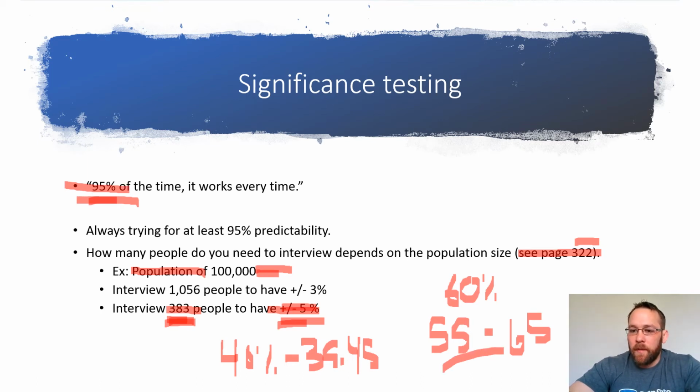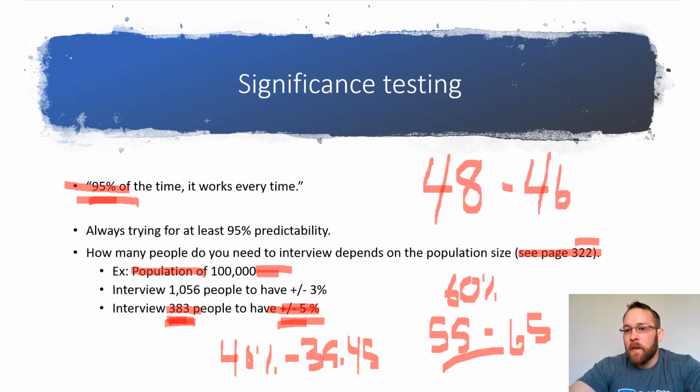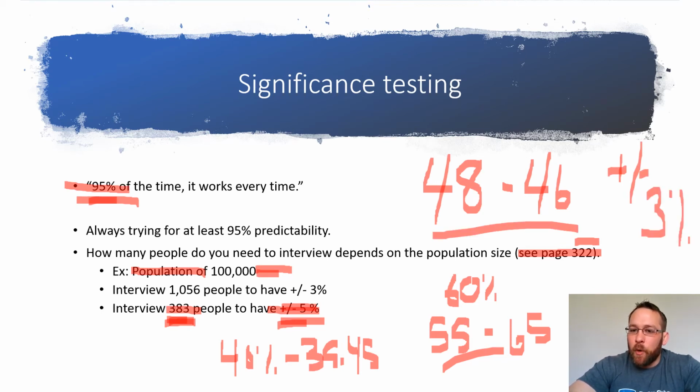This is why sometimes you'll see on the news, let's say Trump is leading in the polls, 48 to 46, but there's a plus or minus 3% error rate. Well, technically, this poll is tied, right?